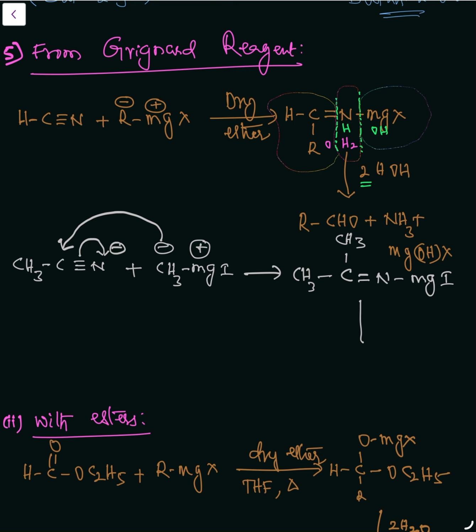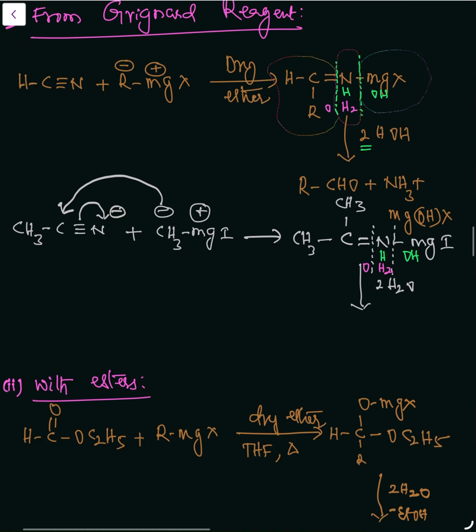Now hydrolysis will take place. How many moles? 2 moles of water are added in this reaction. The first mole is HOH. The second mole is also H2O.